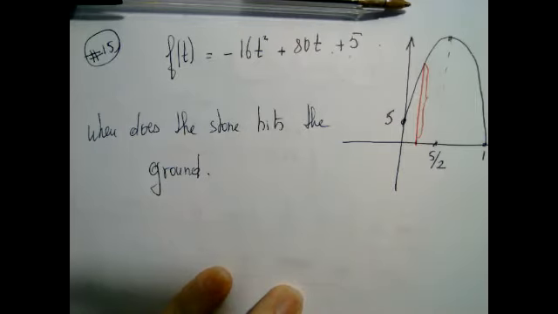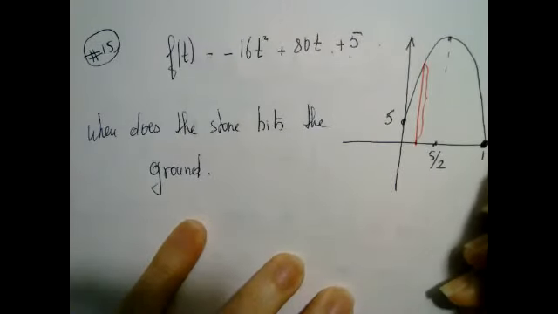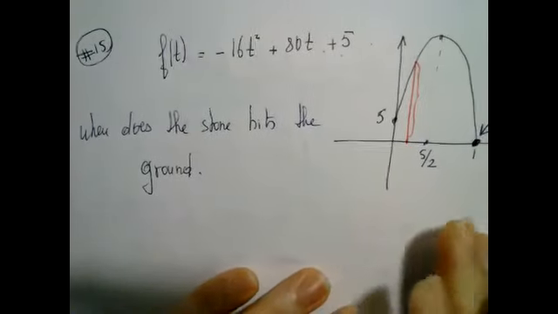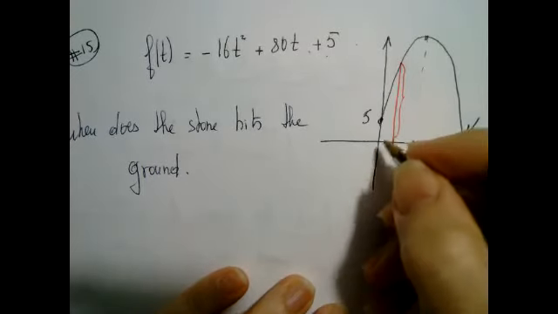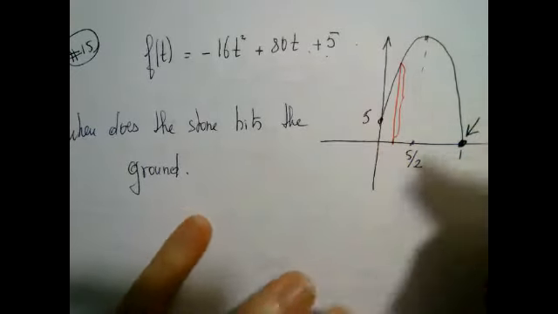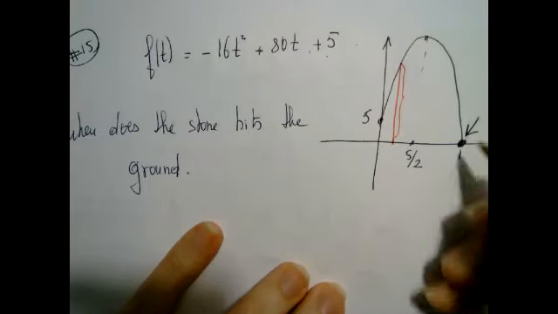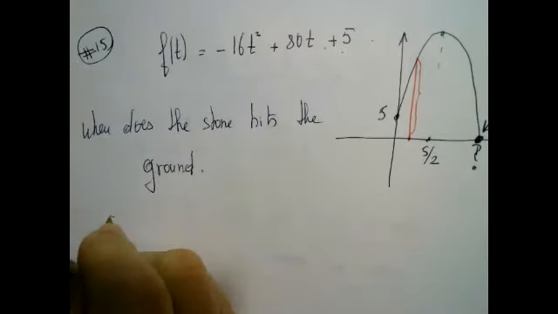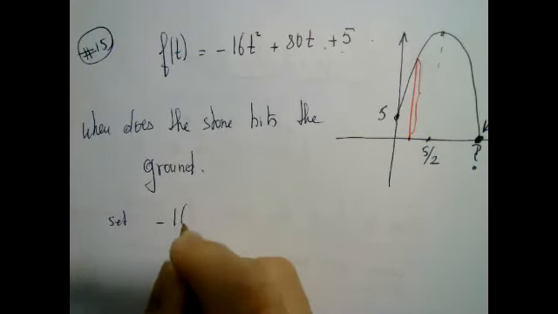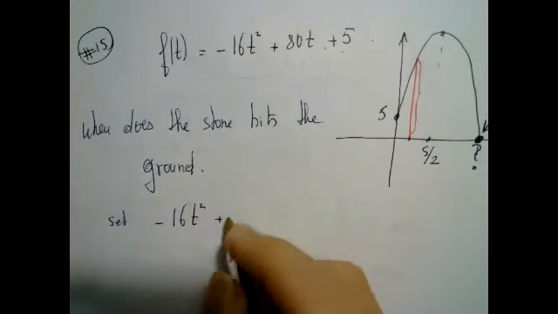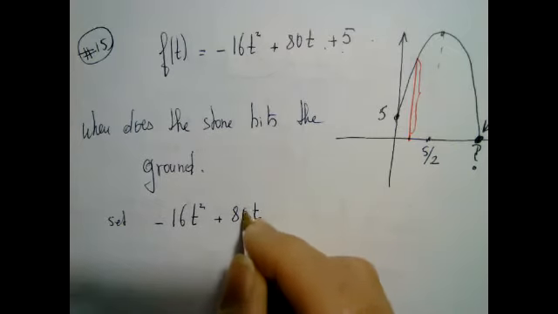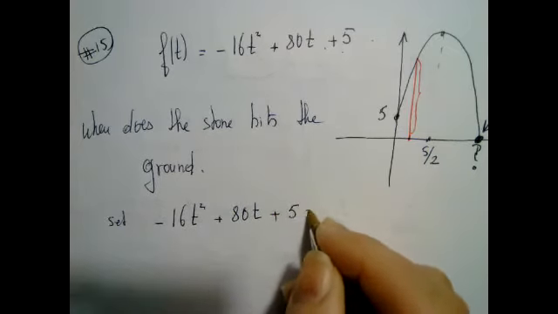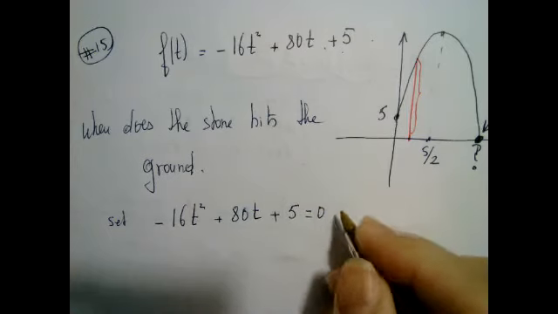It's going to hit the ground right here, and it doesn't hit it anywhere else. It's not going to hit at 2 places. So I need to find when the height is equal to 0. We have to set minus 16t squared plus 80t plus 5 equal to 0 and solve for t.